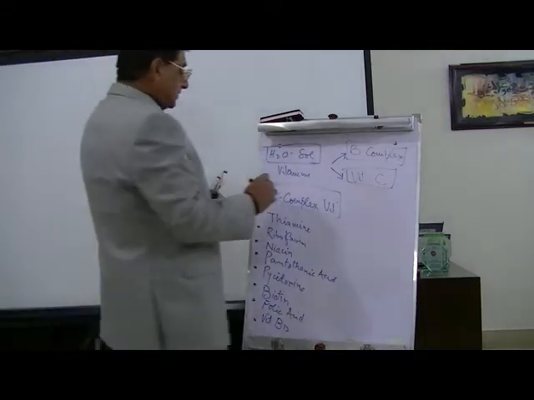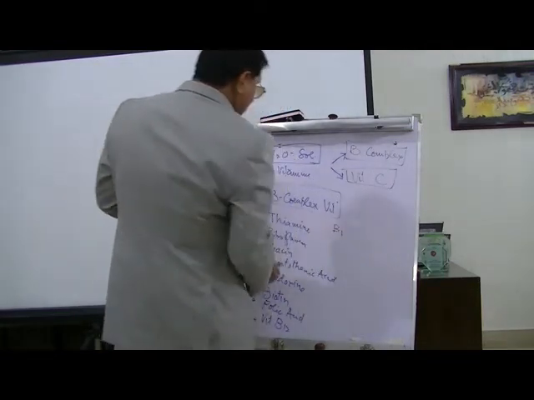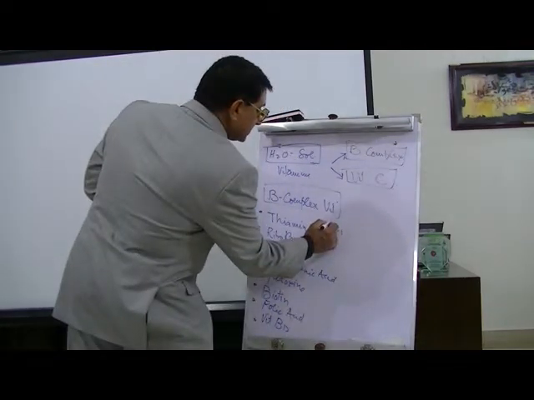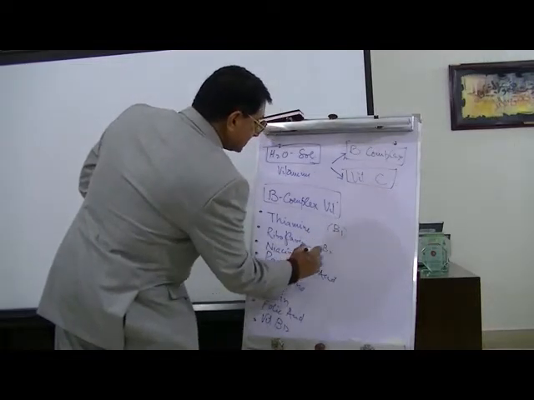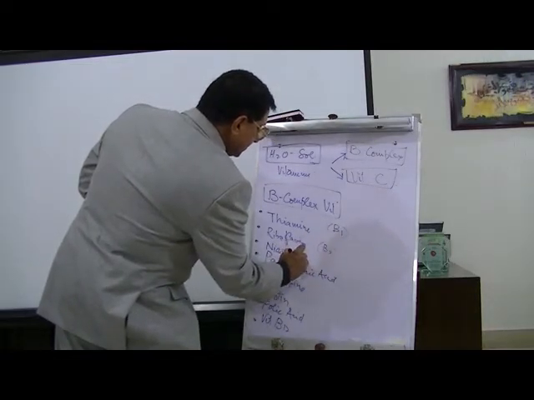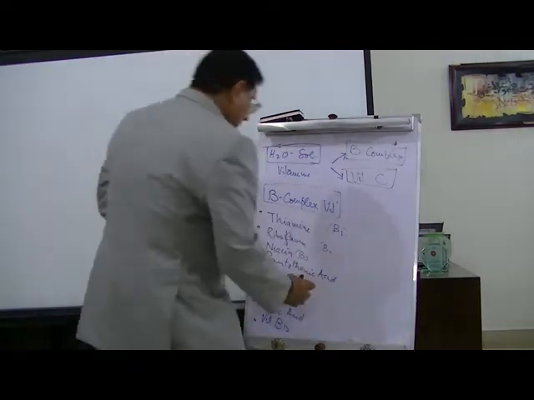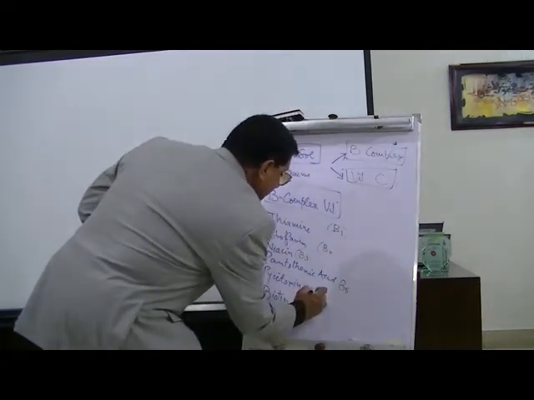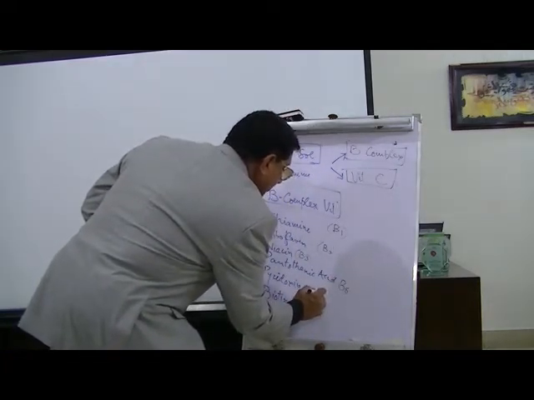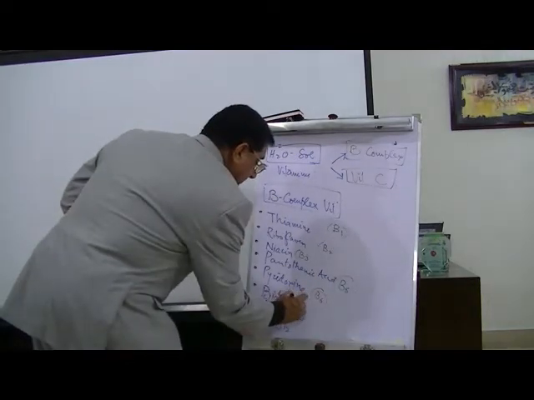Thiamine is also called vitamin B1. Riboflavin is called B2. Niacin is called B3. Pantothenic acid is B5. Pyridoxine is B6. Biotin is B7.